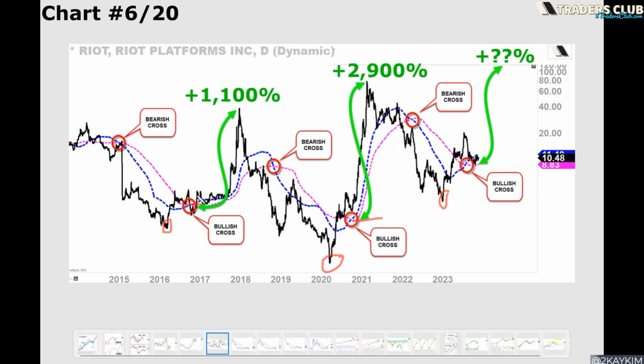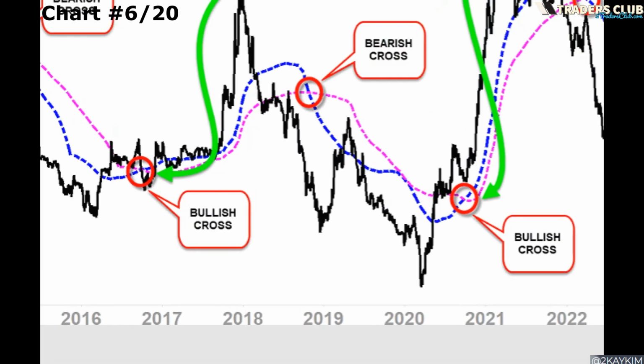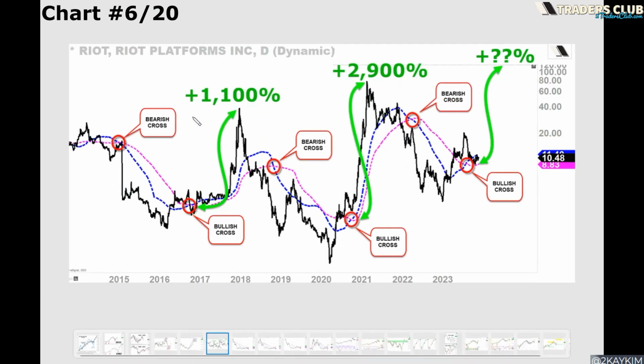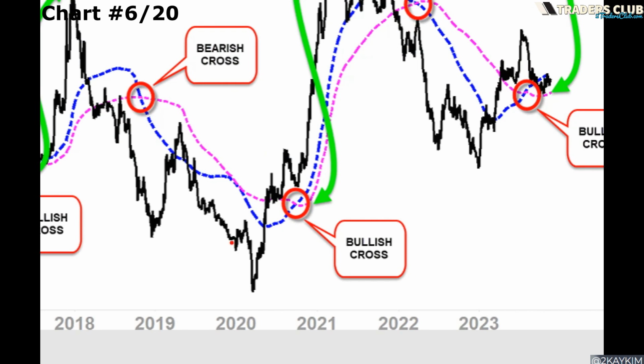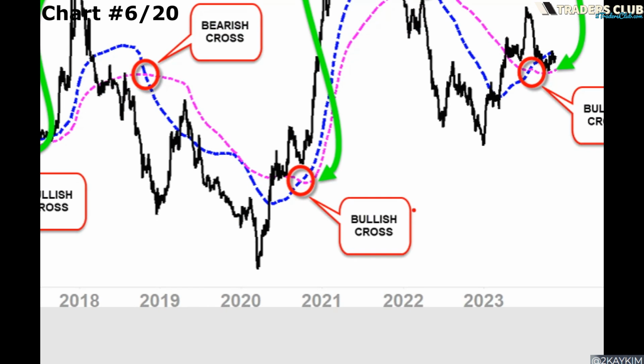What I'm saying is, going long after the bullish cross is still not too late. Because in late 2016 or early 2017, if you went long after this bullish cross signal and were patient enough, at least six months or so with a little more downturn, it handsomely rewarded you with 1,100% by late 2020, early 2021. Not at the low. Nobody can do that.